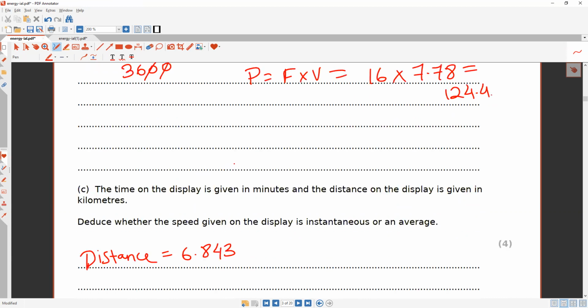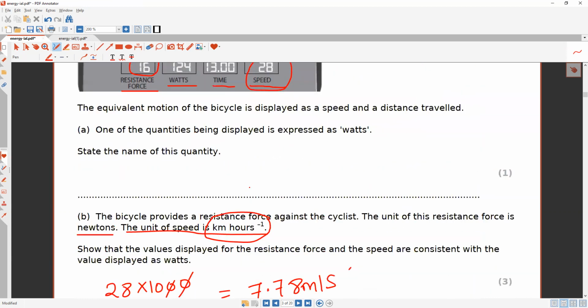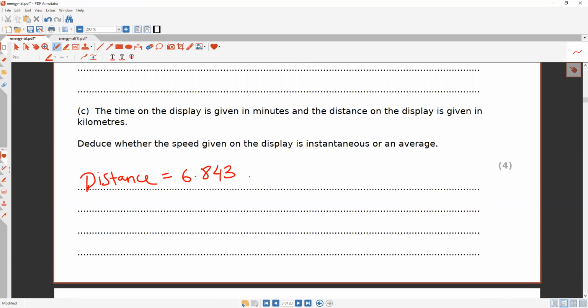6.843 multiplied by 1000. How much is it? 6.843 multiplied by 1000 is 6843 meters. Now let's talk about the time.